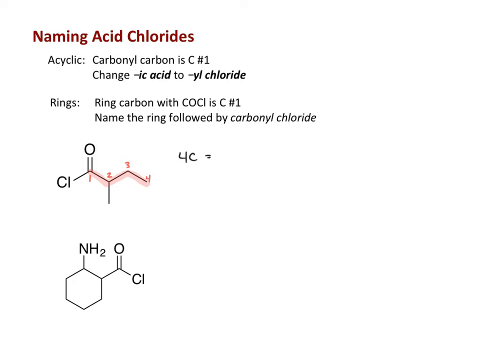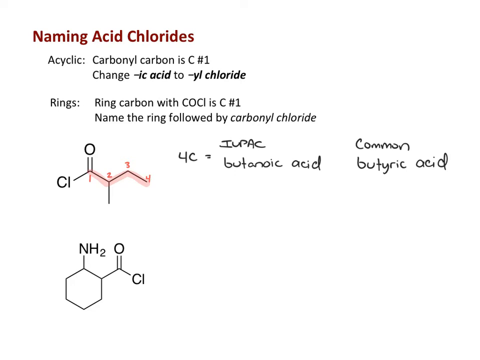If we were giving this an IUPAC name, the 4-carbon carboxylic acid is butanoic acid. The 4-carbon common name for a carboxylic acid is butyric acid.